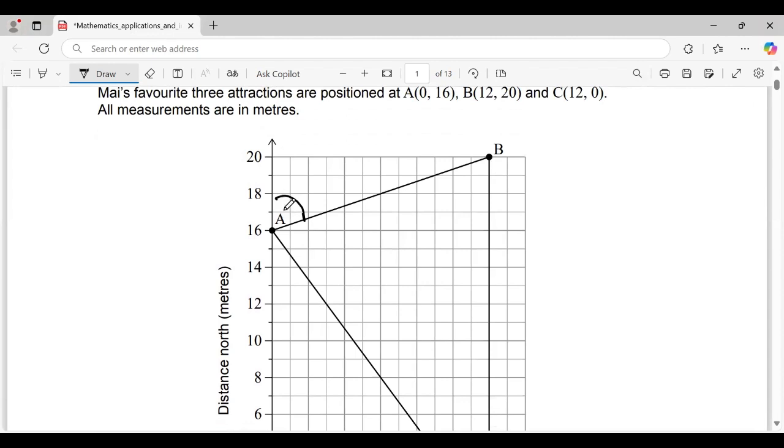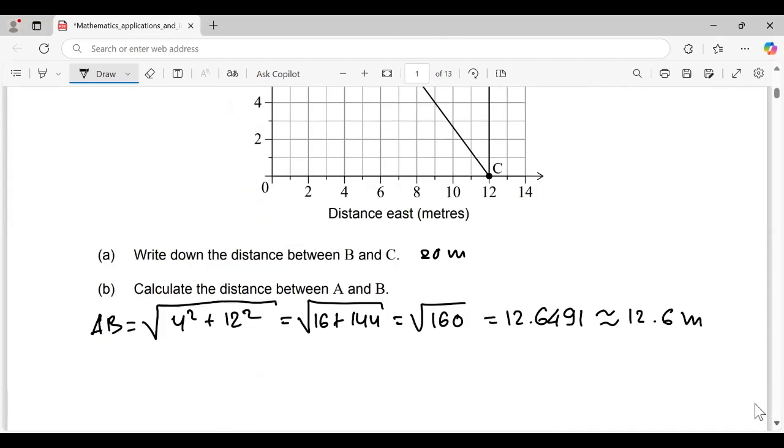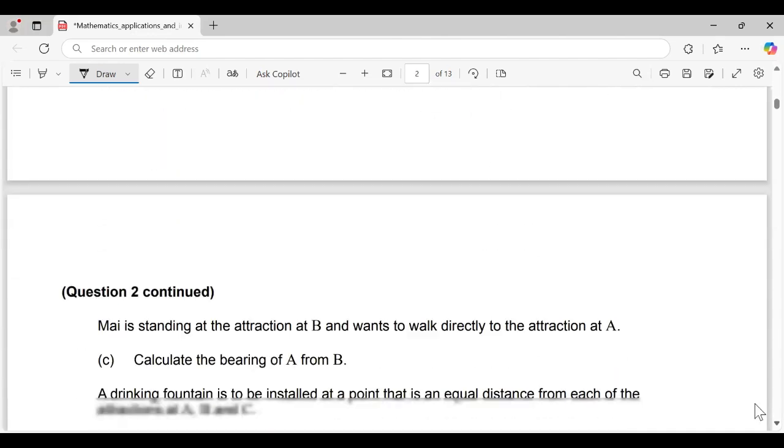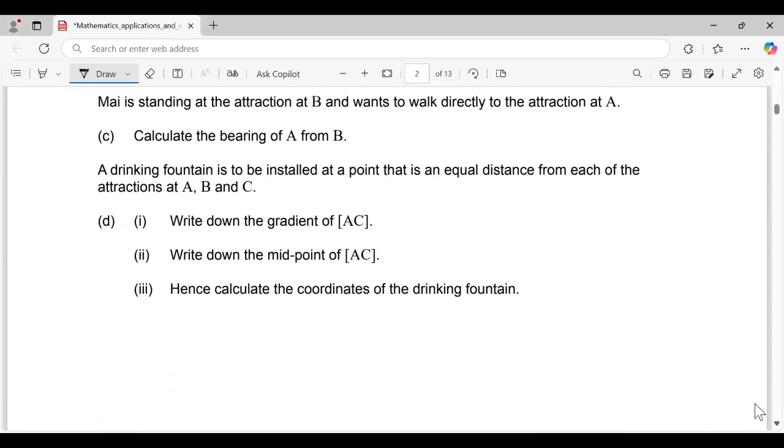If this is alpha, tangent alpha equals 12 over 4.